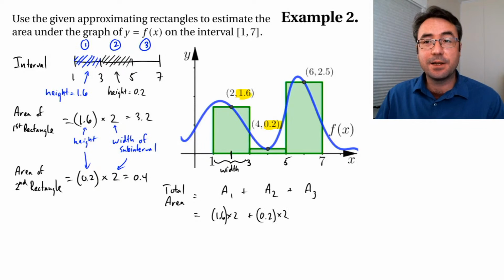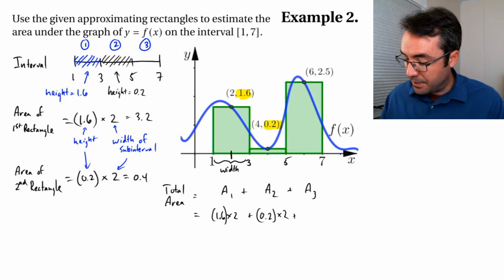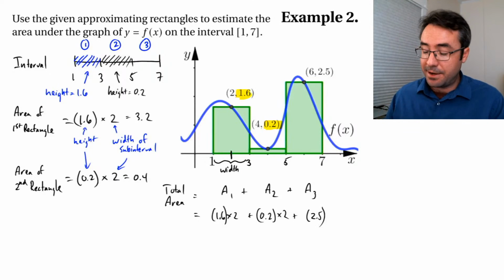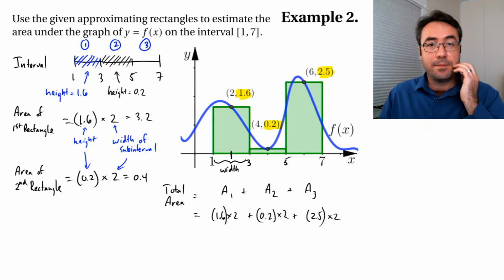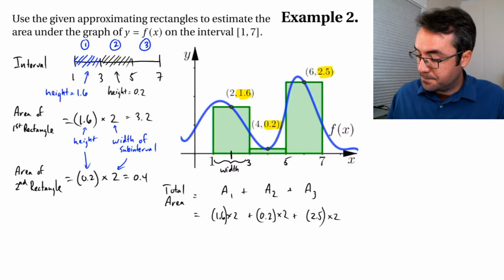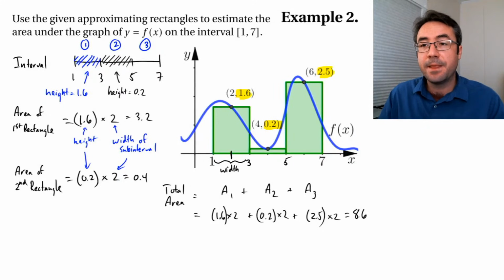The area for that second rectangle was 0.2 times 2, with a width of 2. And for that last one, the third one, the height of the rectangle is 2.5 and the width is 2. Again, the 2.5 comes from reading the graph. To get the total area, we do the calculations and end up with 8.6. So the total area is approximately 8.6 square units.